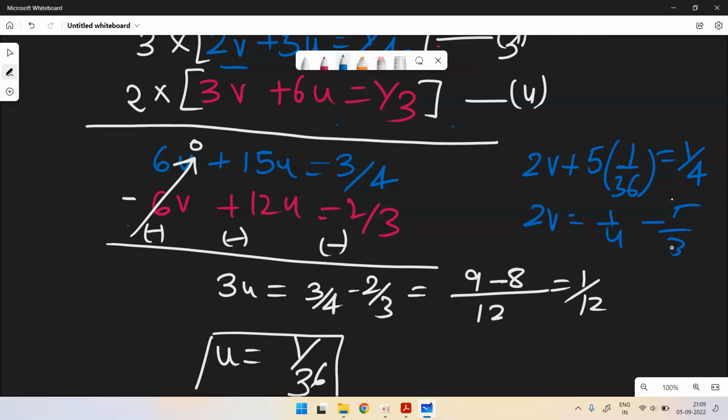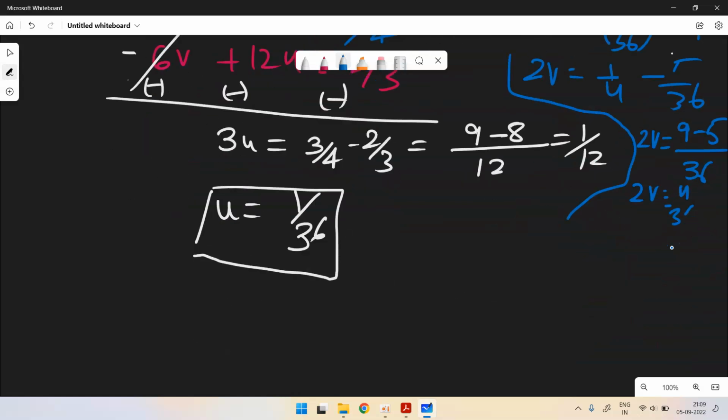The LCM is 36, so 2v equal to 9 minus 5 by 36, so 2v equal to 4 by 36, which implies v equal to 2 by 36, so v equal to 1 by 18.